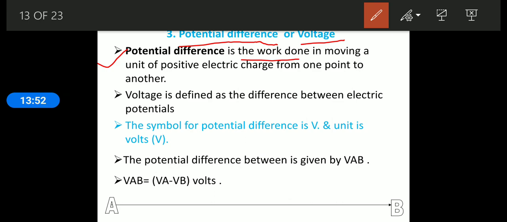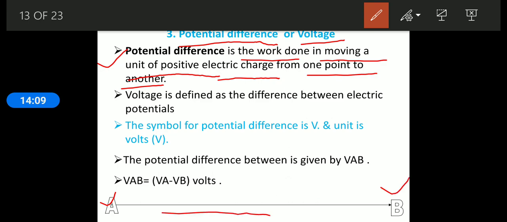What work done? Moving a unit of positive electric charge from one point to another point. That is, point A, point B. The charge moved from point A to point B is nothing but work done.